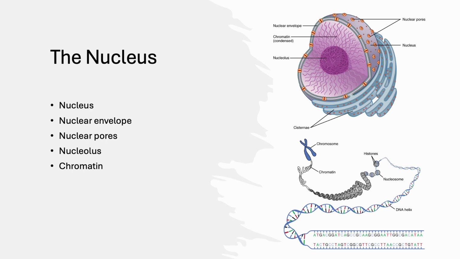And the nucleolus is a region of the nucleus that is responsible for manufacturing the RNA necessary for making ribosomes. Within the nucleus are threads of chromatin, composed of DNA and associated proteins. Along these threads, the DNA is wrapped around a set of histone proteins. A nucleosome is a single wrapped DNA histone complex, and the chromosome is composed of DNA and proteins. It is a condensed form of chromatin.